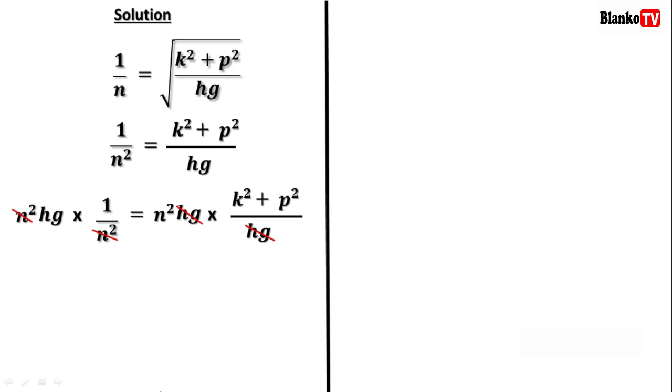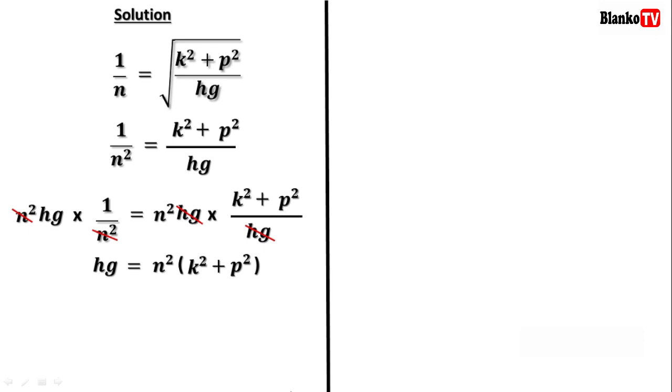So we'll be left with hg multiplies 1 to give you hg, and then n square multiplies k square plus p square. So we have hg equals n square multiplying k square plus p square.